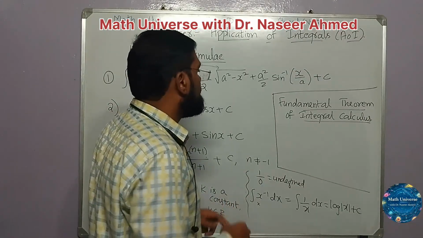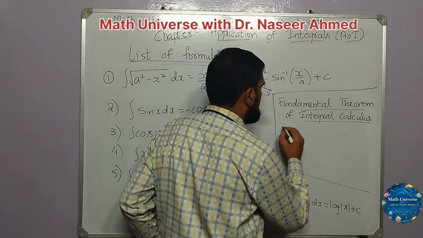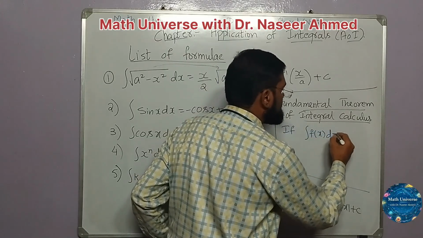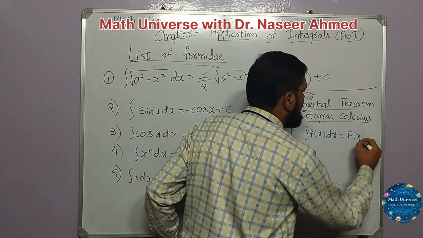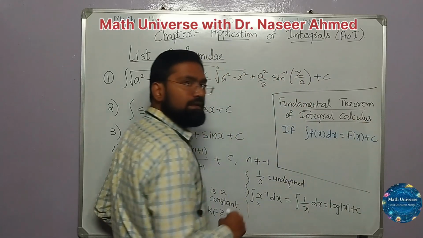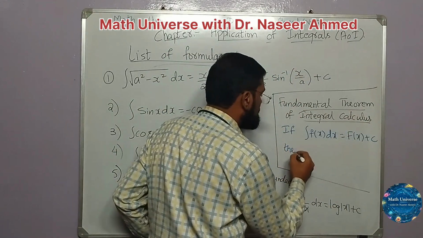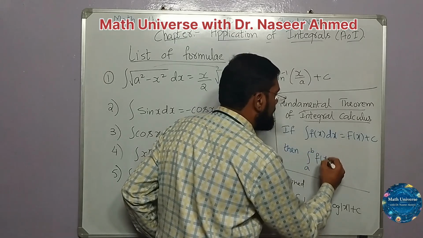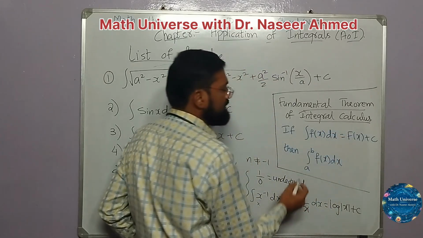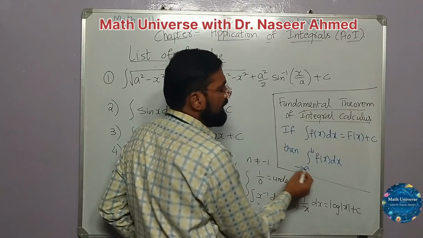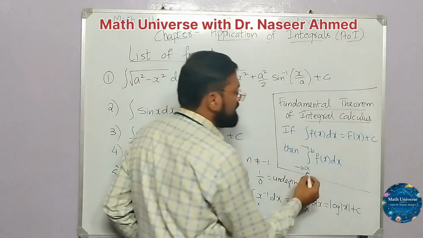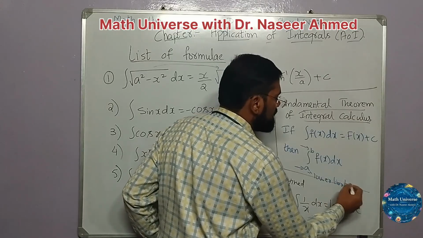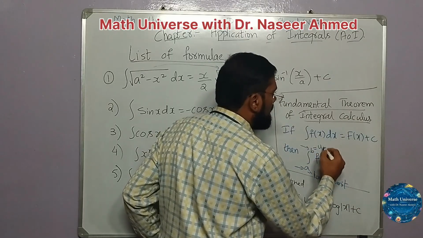It says that if I know that the indefinite integral of small f of x is capital F of x plus c, then the definite integral. Now how to know whether the given integral is definite or indefinite? You can see there is a number a here and one more number b here. This we call lower limit, and this we call upper limit.